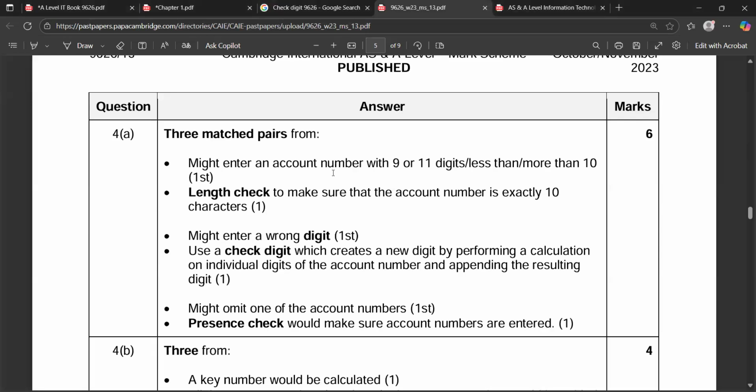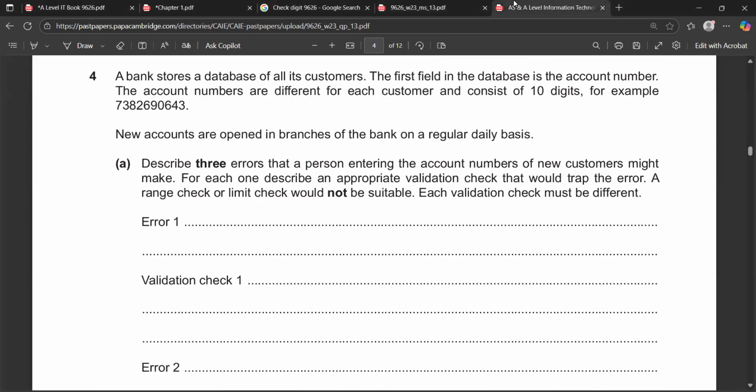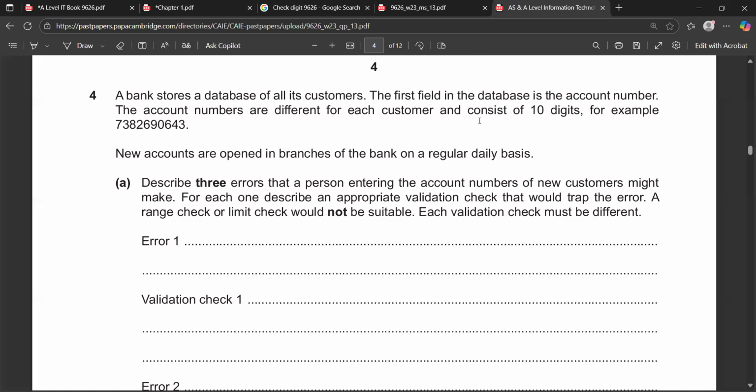Because they are asking you to make sure that the account number is exactly 10 characters. So you might enter an account number with 9 or 11 digits, fewer or more digits. So you need a length check to make sure. Like a character check, for example, the customer might enter letters instead of numbers.